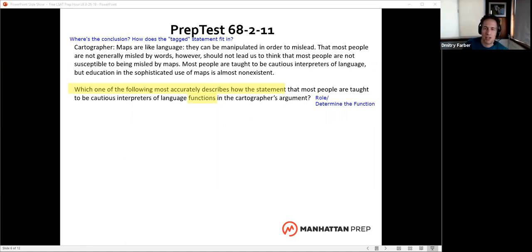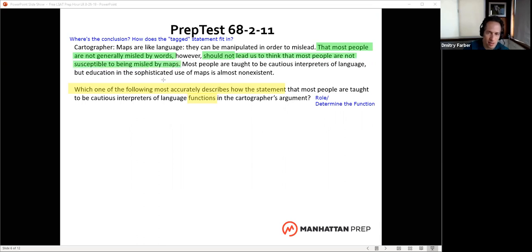And so notice that they have a should, and anytime you see what we call normative language, a recommendation, what you should do, it always sounds like an opinion. And notice that in one way, this is like the last one, where they try to hide the main point by putting it in the middle and making it negative. Hey, this other thing isn't true. So the conclusion here is actually that most people are not misled by words should not lead us to think that most people are not susceptible to being misled by maps.